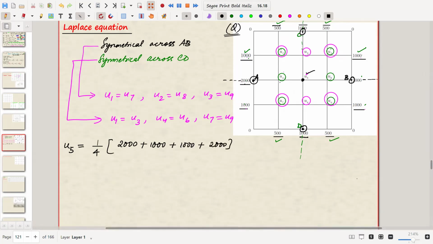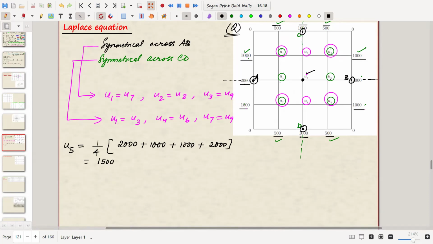What should be this value? 1,500. After you find U5, what should you find next?